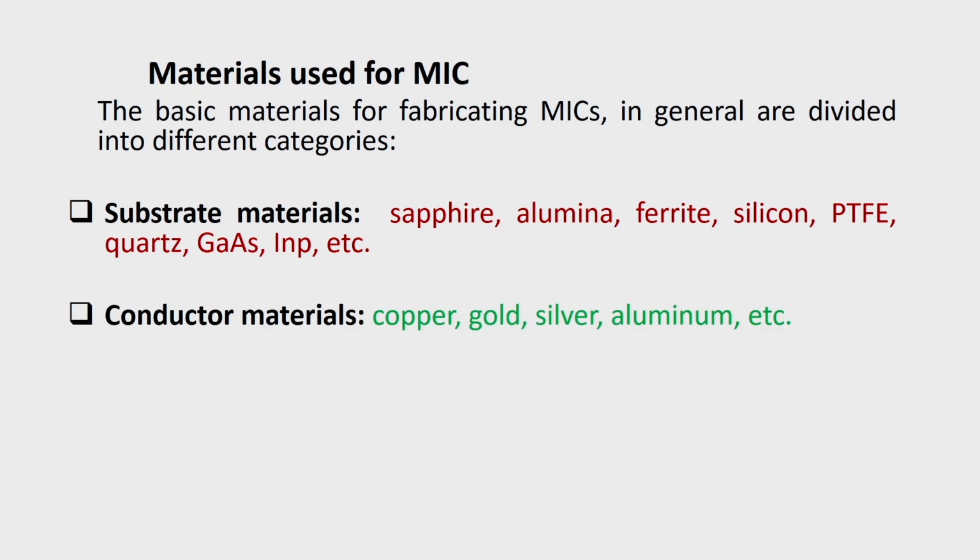So, depending upon the type of circuit that we want to fabricate, the substrate material may be chosen. Then conductor material, because we need to do a lot of metallization, and conductor materials are copper, gold, silver, aluminum, etc. Then we need to deposit dielectric films, SiO and SiO2, silicon dioxide.